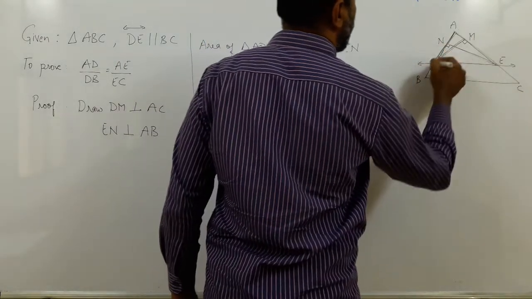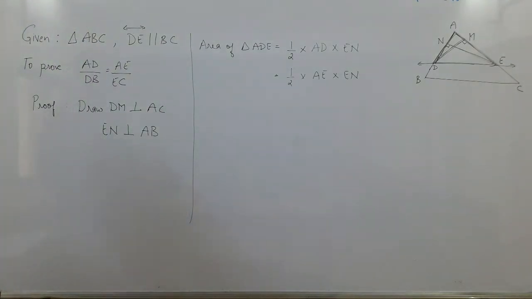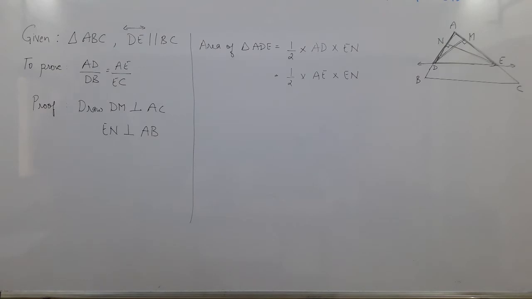I can write the area of this triangle ADE in two different ways, depending on what I take as my base and what I take as the altitude. Okay? That depends on what I want to take: half base into altitude. Now, what is the area of triangle BDE?